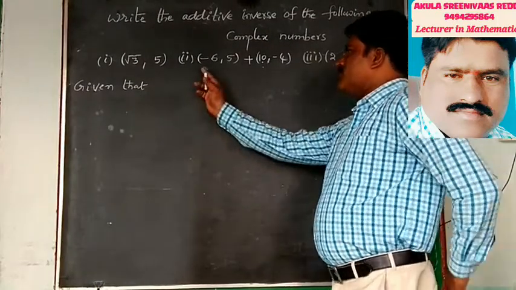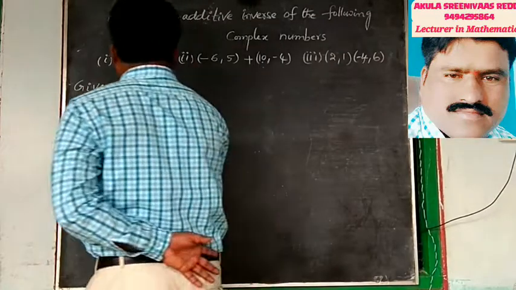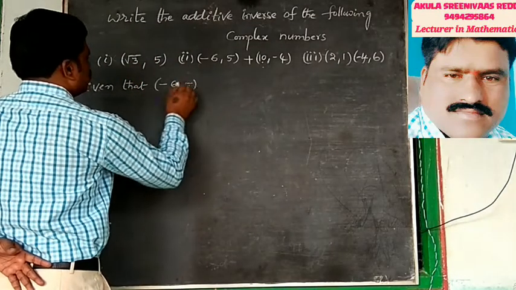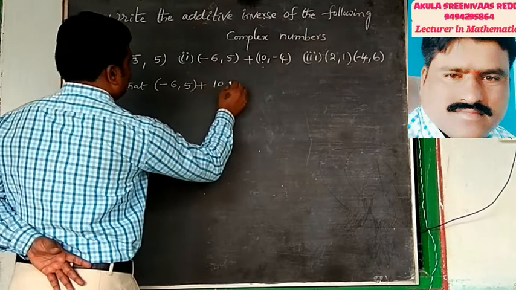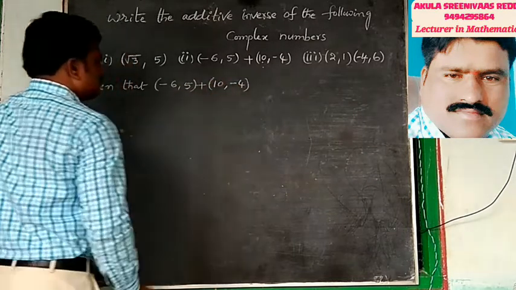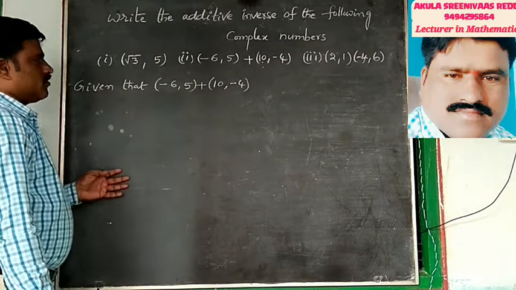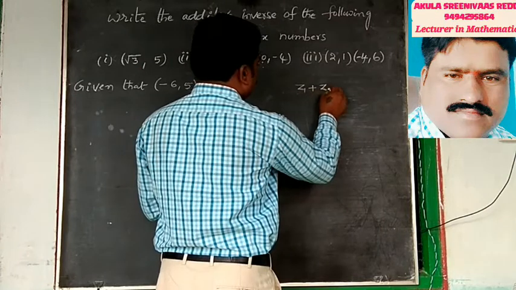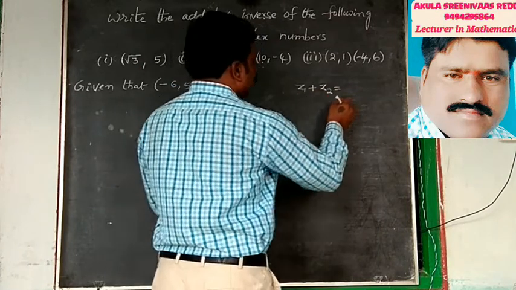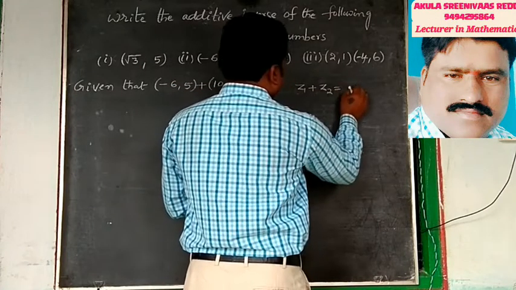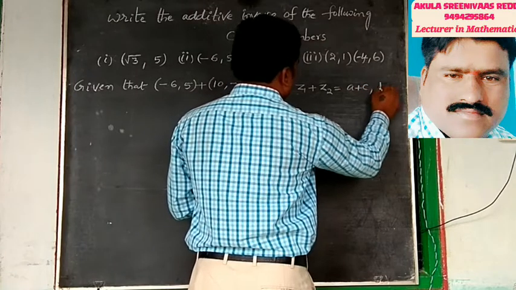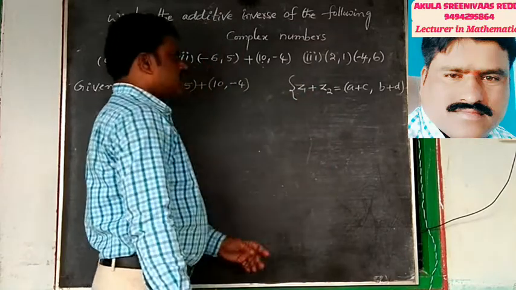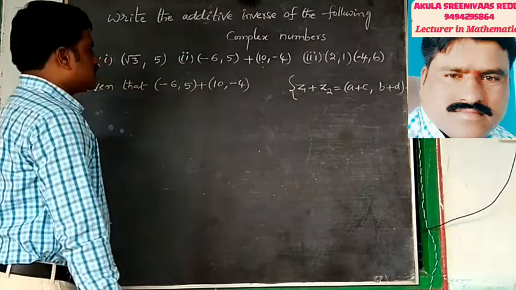Next, the second problem, given that minus 6 comma 5 plus 10 comma minus 4. Already we discussed z1 plus z2 is equal to a plus c comma b plus d.